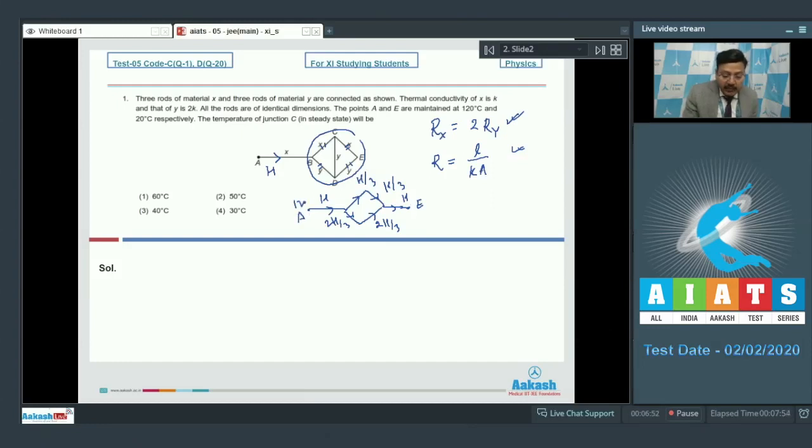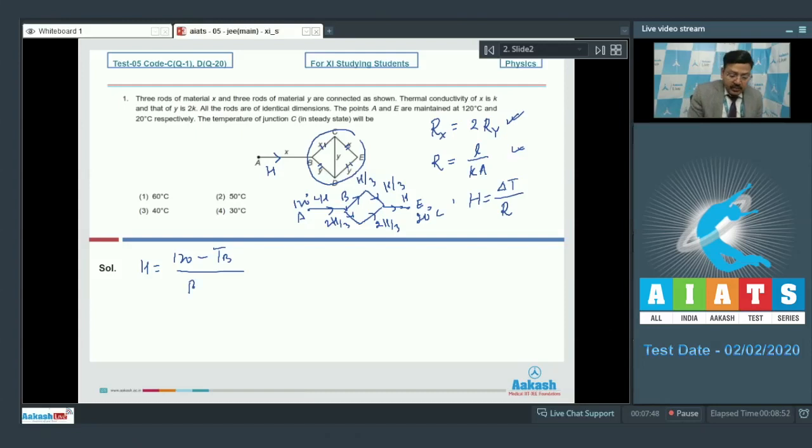A is maintained at 120 degrees C and E is maintained at 20 degrees C. Now we can also use the fact that in general heat current H is the temperature difference across the ends, delta T, divided by the thermal resistance R. So then we have the equation. If I call this point B, it means that H is equal to 120 minus temperature at B, and of course the temperatures are in degrees Celsius, divided by thermal resistance of part AB.